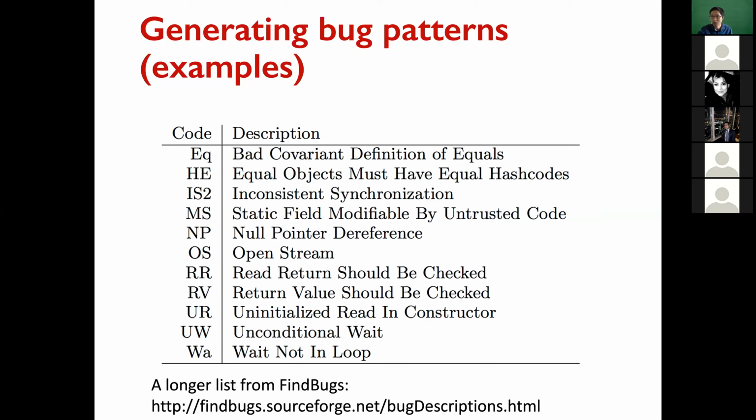So we may have bad practices when defining such equals methods. Okay. And under HE: HE means equal objects must have equal hash codes. This is another bad practice, right?